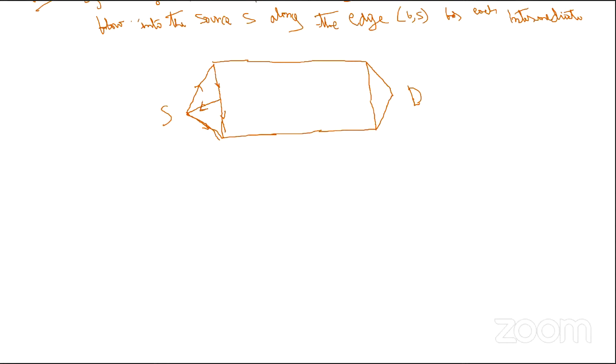This graph is known as a directed graph.